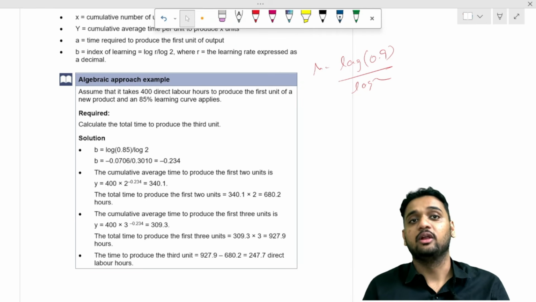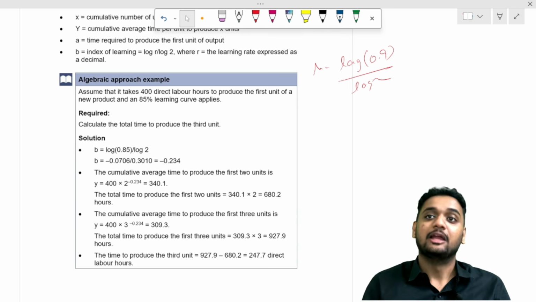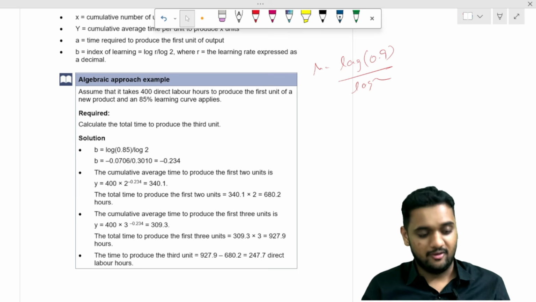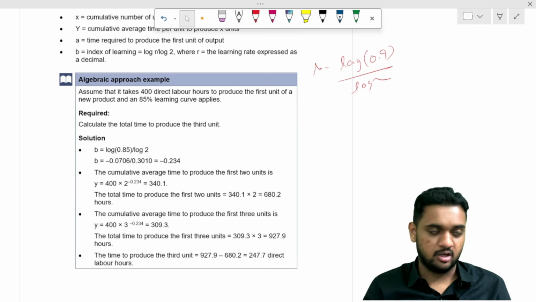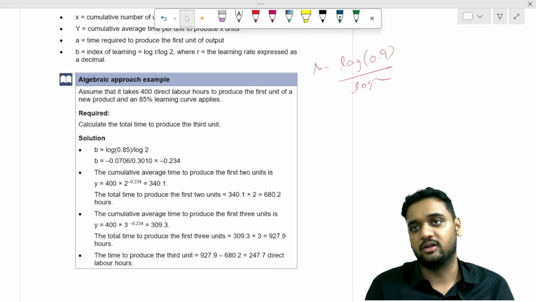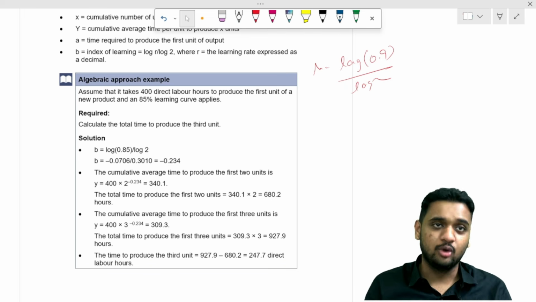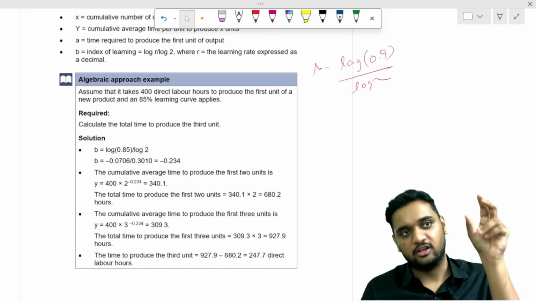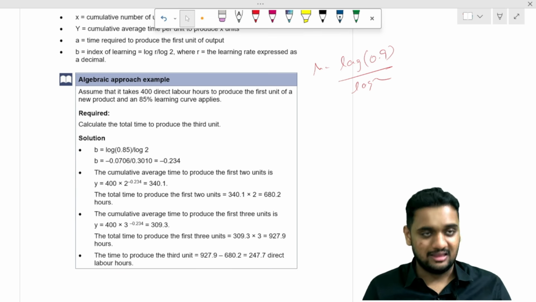That gives the cumulative average time for 2 units; into 2 gives the total time for 2 units. Either use the formula or the table method. What we find is the cumulative average time per unit, but we have to find the total. So we find the total time for 3 units minus the total time for 2 units, and then we have the answer.